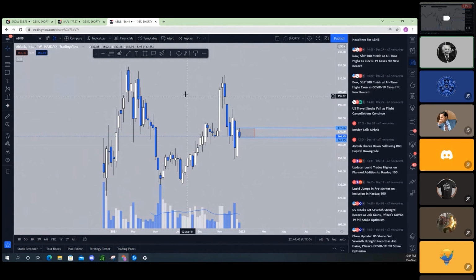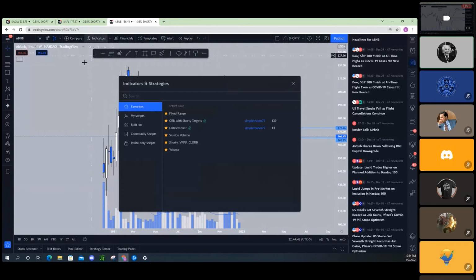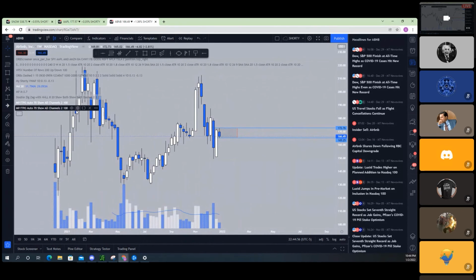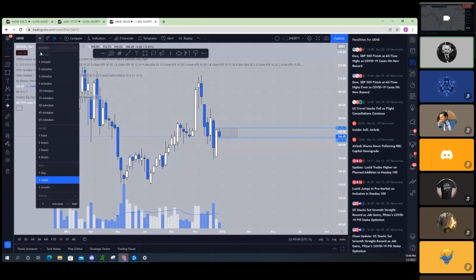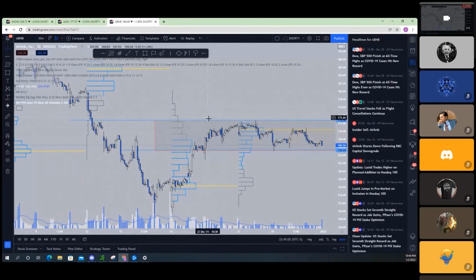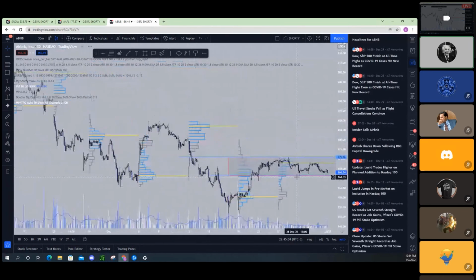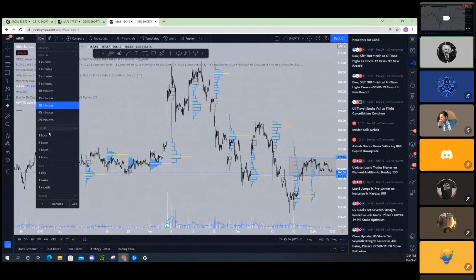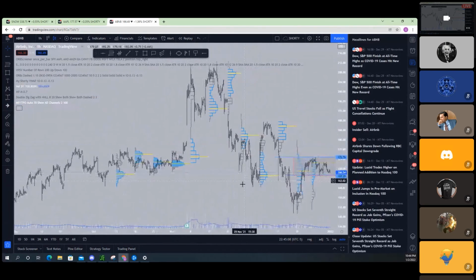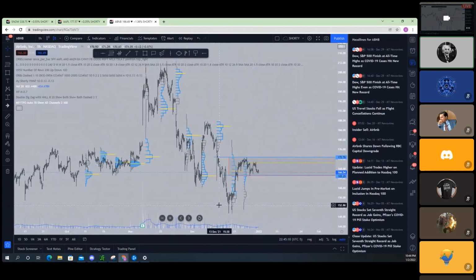If you were to put market profile here, I'm pretty sure it would show you something different here. Let's see, let's do 1 hour market profile. Yeah, so a lot of time is being spent in this area.